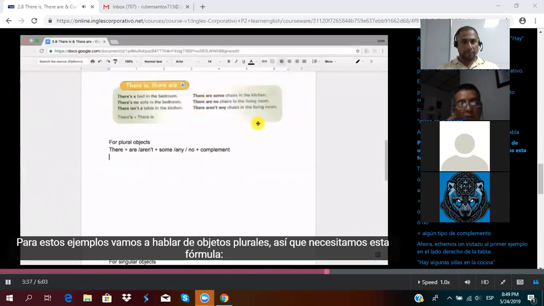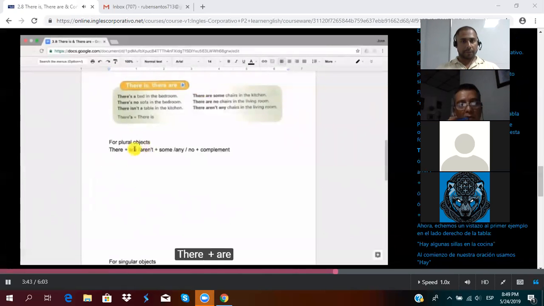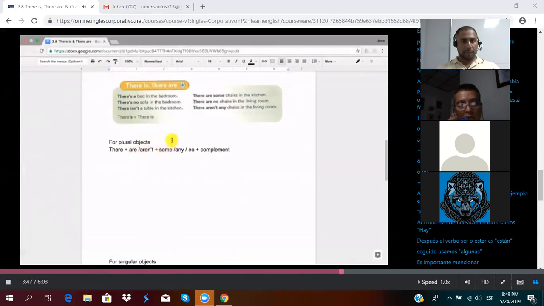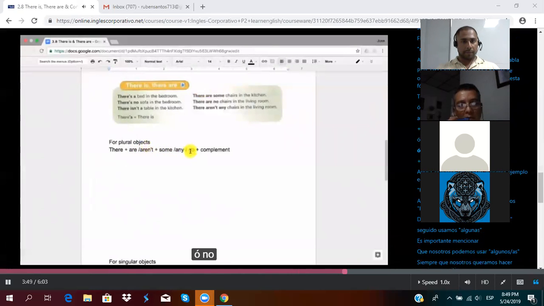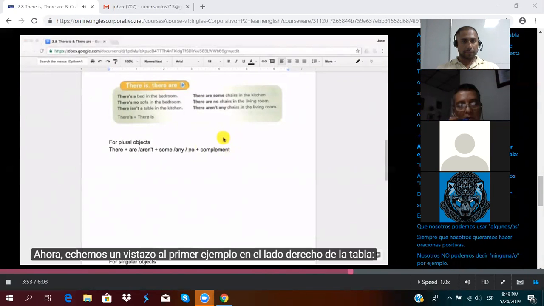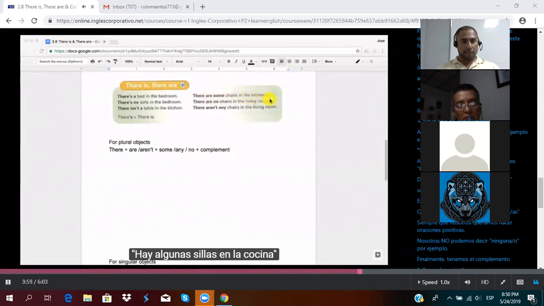For these examples, we're going to talk about plural objects. So we need that formula. There plus are or aren't plus some or any or no plus some kind of complements. Now let's look at the first example on the right hand side of the chart. There are some chairs in the kitchen.